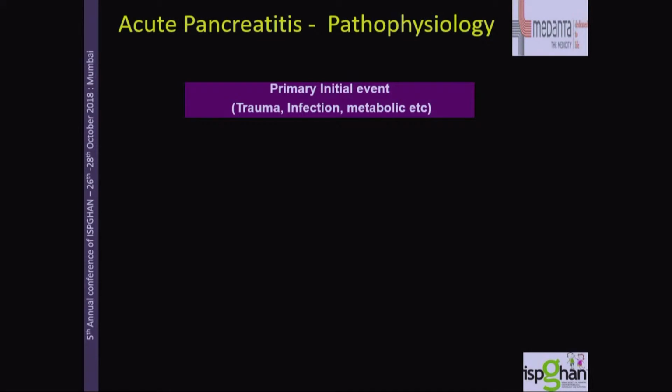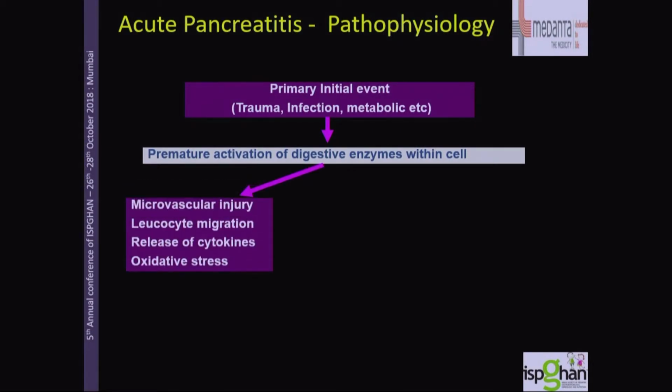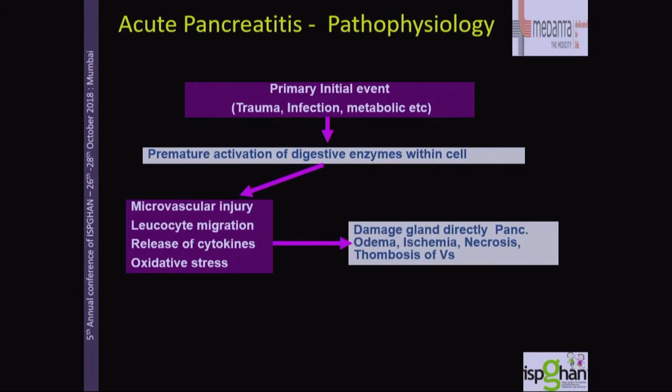So the pathophysiology of acute pancreatitis would also go the same for recurrent, and there will be one difference which I will highlight. Whatever your primary event, whether trauma, infection, or metabolic, that will give rise to premature activation of the digestive enzymes, microvascular injury, leukocyte migration, release of cytokines, and oxidative stress, leading to direct damage of the gland, pancreatic edema, ischemia, necrosis, and thrombosis of the vessels.